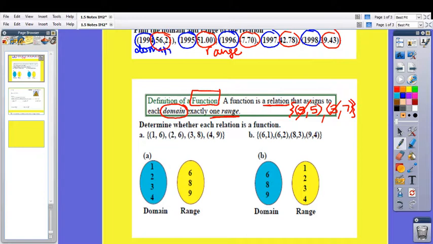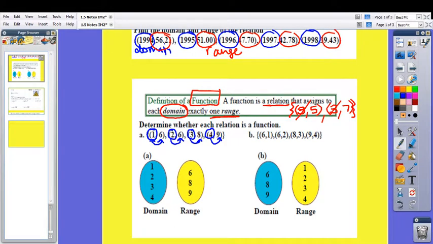So now this one is asking to determine whether each relation is a function. So you have 1 is related to 6. Now 2 is related to 6, 3 is related to 8, and 4 is related to 9. You can see the domain values did not repeat at all.